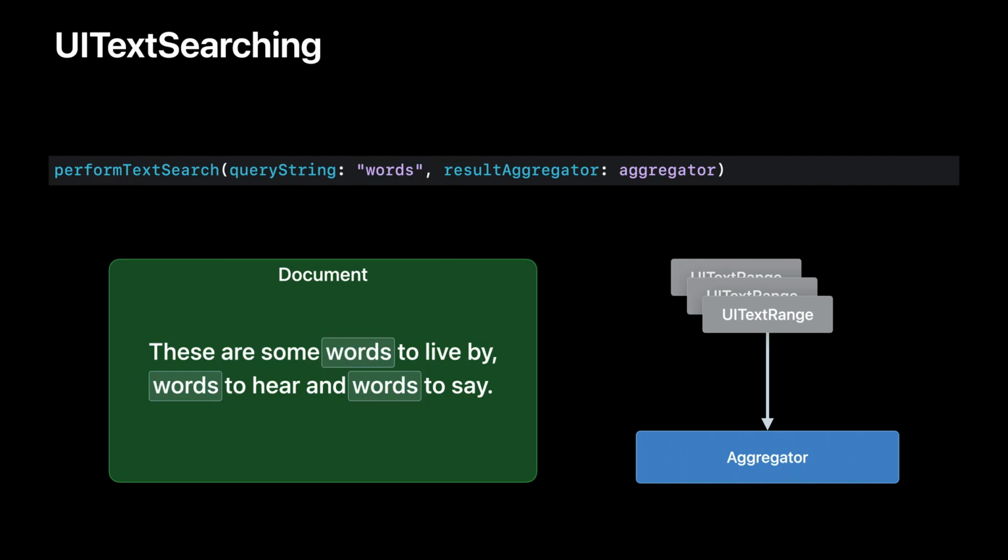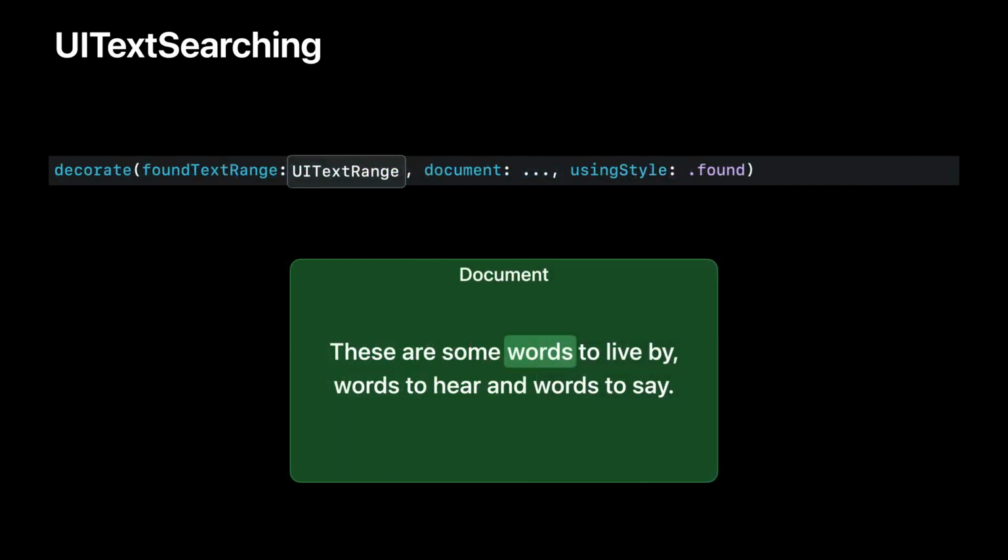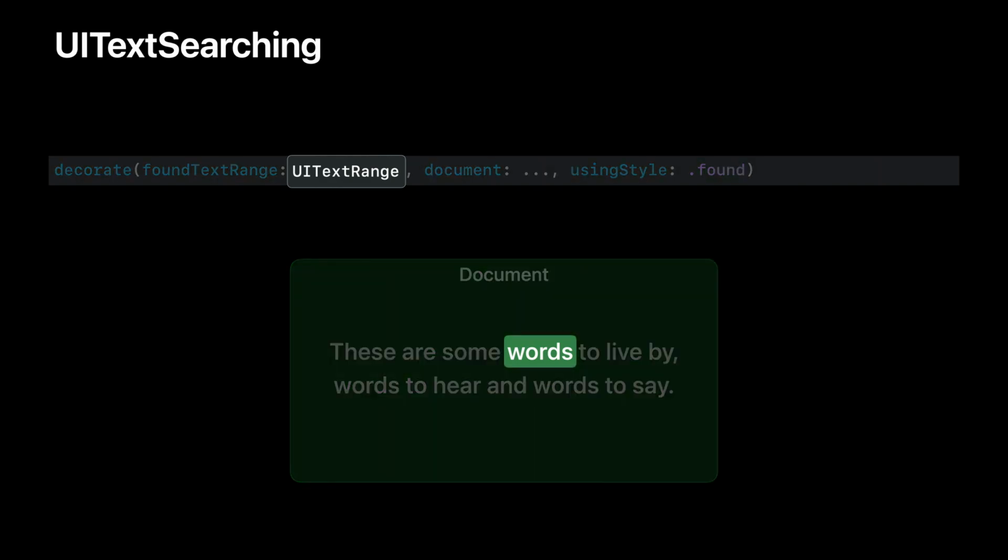For example, this could represent a DOM range for clients who use WebKit to render text. The aggregator is also thread safe, so you can provide it results on a background thread. Finally, since the Find interaction doesn't know how to display results using your custom view, you'll also need to decorate results for a given style when decorate is called.